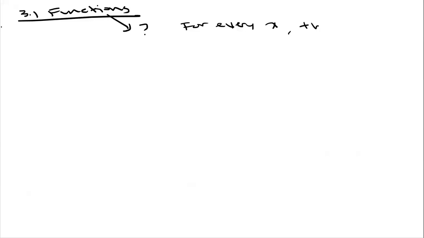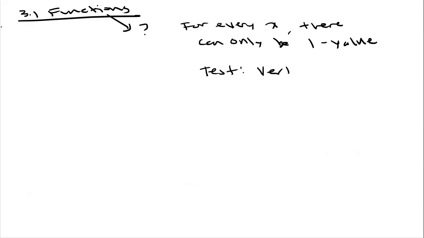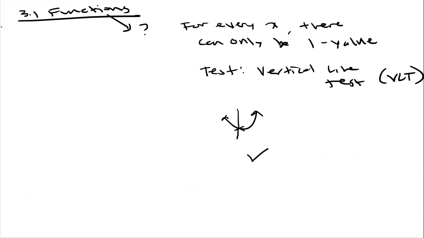And how you determine that is by doing a test, which is the vertical line test. I call that VLT. So if you have a parabola and you're able to draw a vertical line, it will only cross at one time. So this is a function.